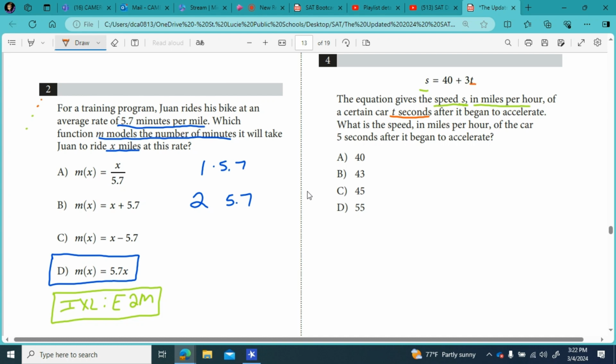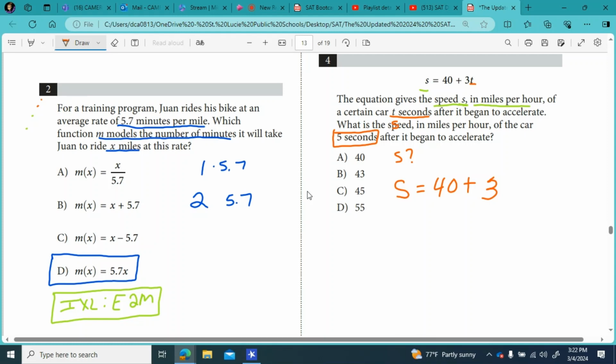What is the speed s in miles per hour of the car 5 seconds after it began to accelerate? So we want to find out what is s when t is 5. So s equals 40 plus 3t.